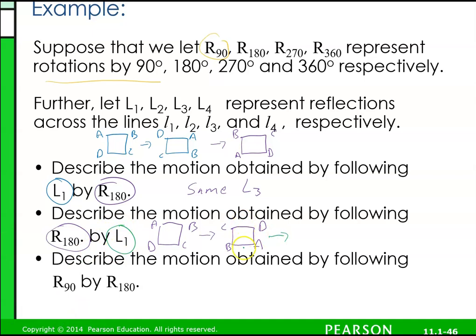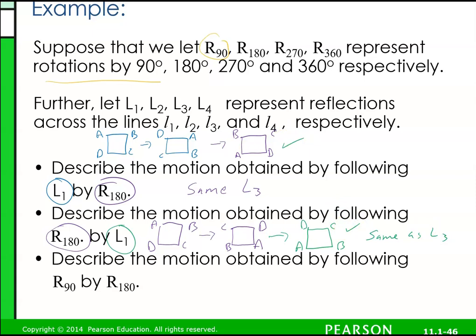L1 is the vertical, so the left and the right side are switching places. So now we get D here, C goes here, B, A. And what is that equivalent to? Yep, sure is. Same as L3, because we get the exact same thing that we got up there.